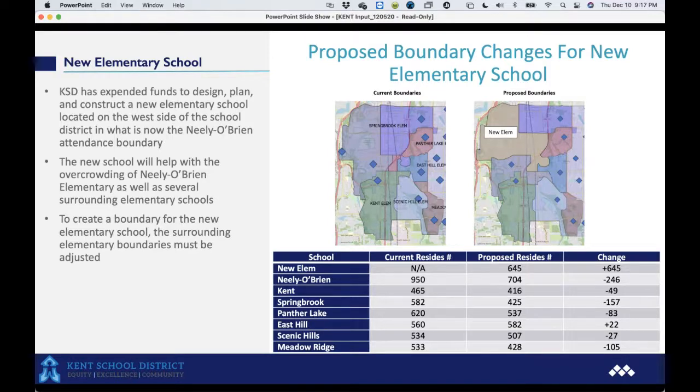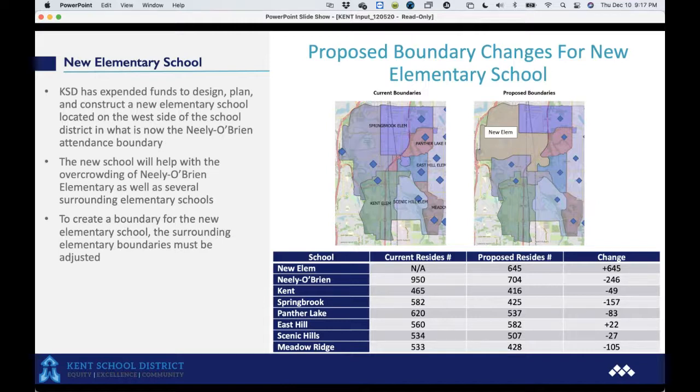The new elementary school takes up most of the northern half of the current Neely O'Brien. It takes some of Panther Lake, the little island district of Panther Lake. It takes a small portion of Springbrook Elementary, and then a very small piece of East Hill.